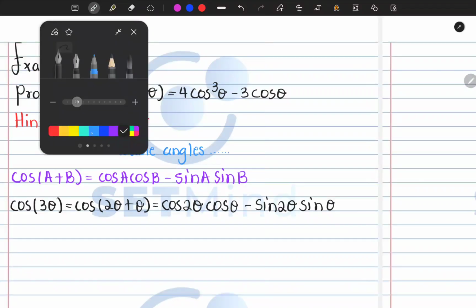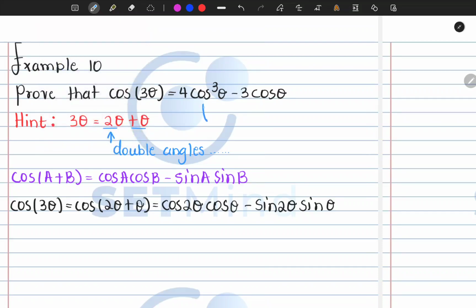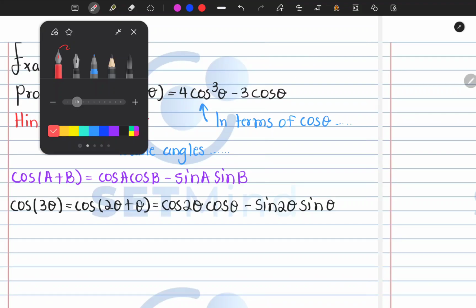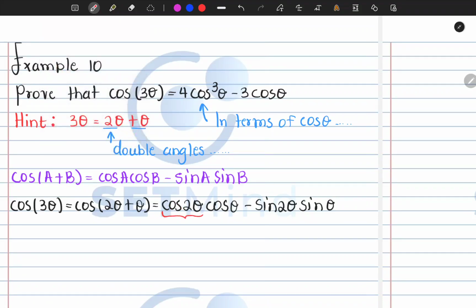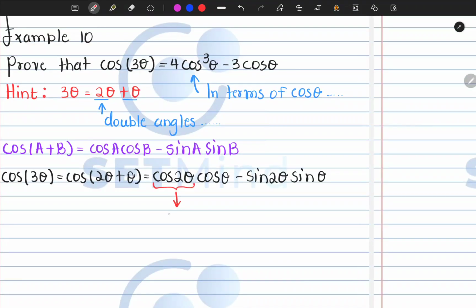Very importantly, if we look at our expression, it is in terms of cos on the right hand side. So this means that when I look at my double angle expression, I'm going to look at the one which is written in terms of cos.